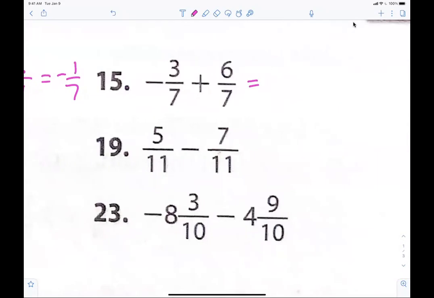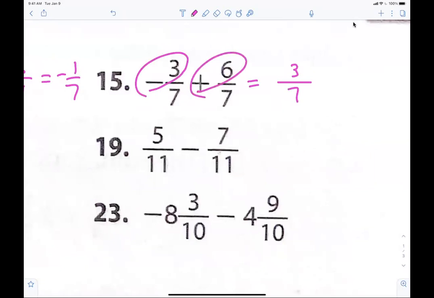-3/7 plus 6/7. So first add -3 plus 6, and that will equal -3. Negative or positive? Why negative? Oh, wait, never mind, it'll be positive.